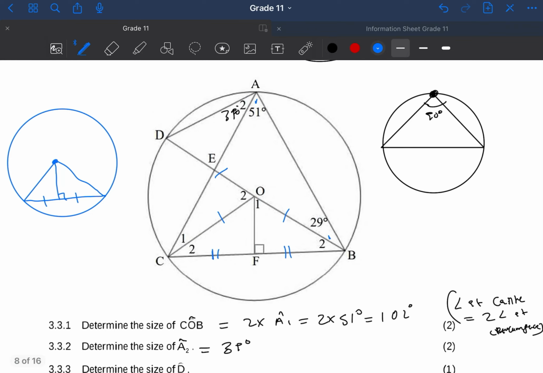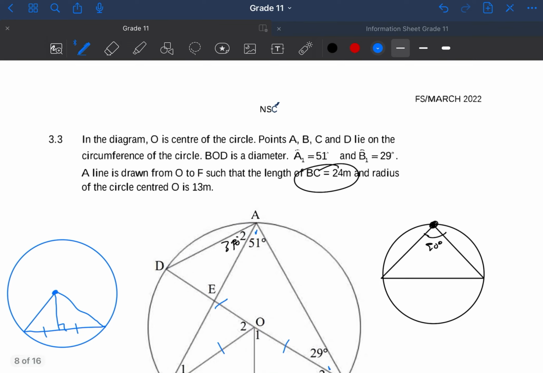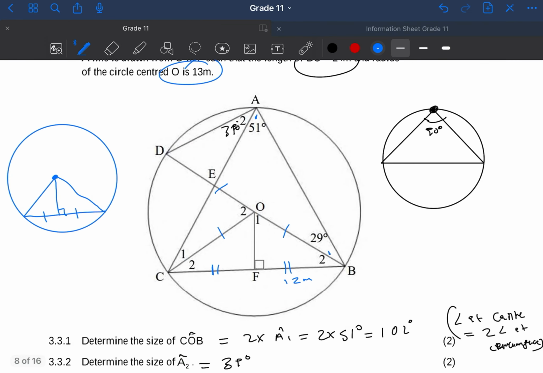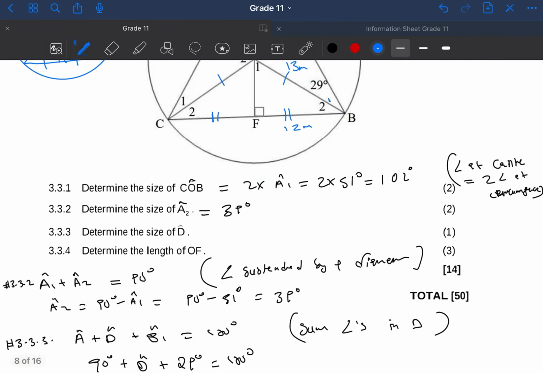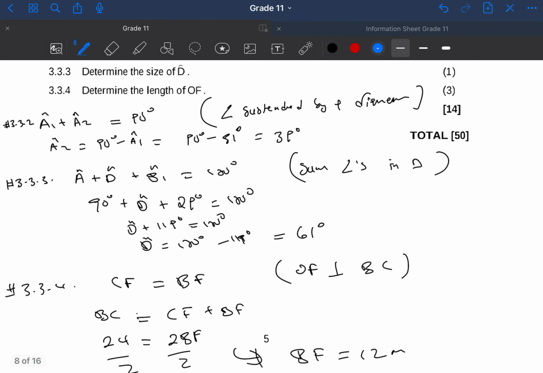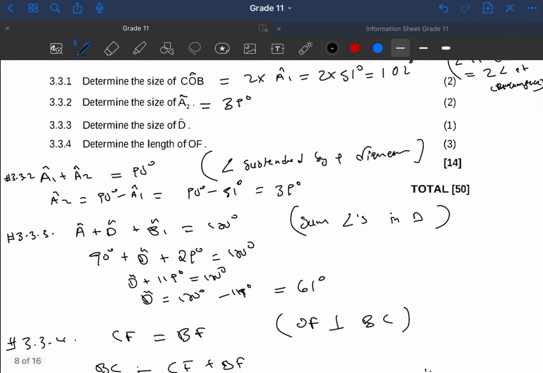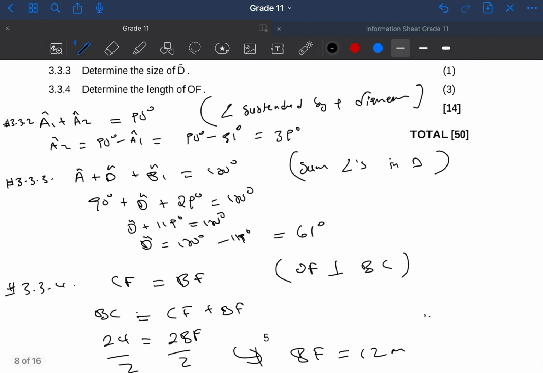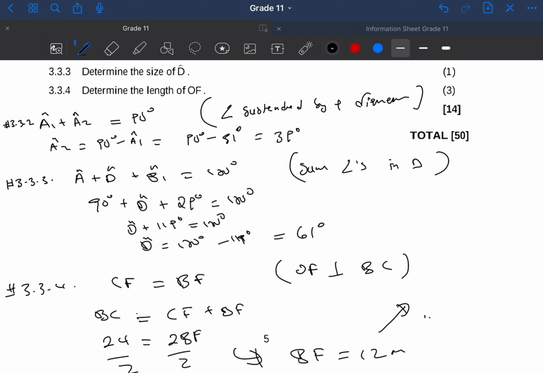So we've discovered that BF is 12 meters, and then we know that the radius is 13 meters. Boom, Pythagoras. Now we're using Pythagoras to solve for OF, right? So you have a triangle. I'm trying to figure out a way to be neat here.